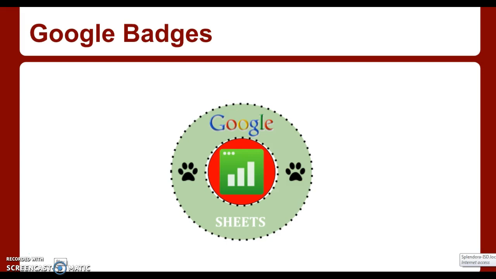This is an email badge that you can earn for showing your proficiency in Google Sheets. There's one for Slides, there's one for Drive, there's one for Google Docs. The one we're going to work on today is for Google Slides. So let's take a look at how you earn one of these.